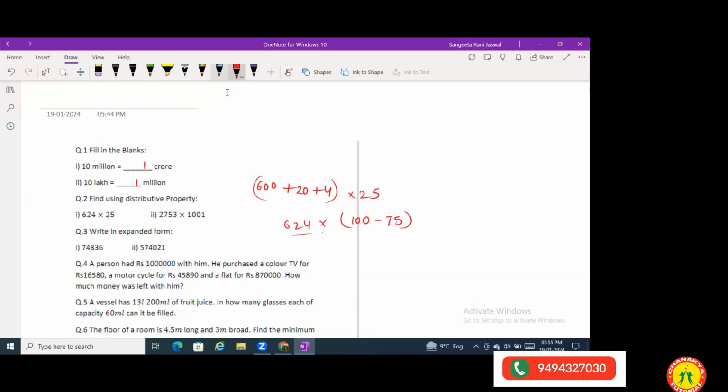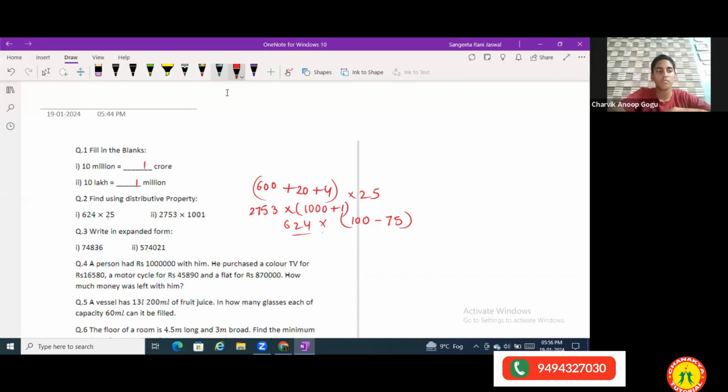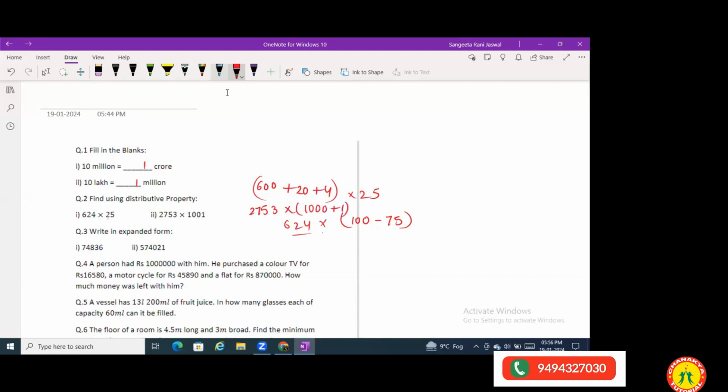The next is 2753 into 1001. So 1001 is looking pretty simple. You can do it like this: 2753 into 1000 plus 1. Then write in expanded form.